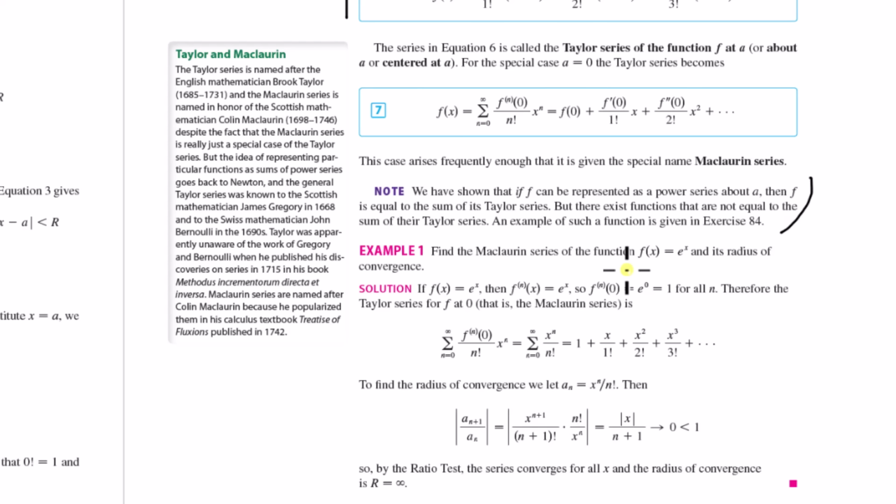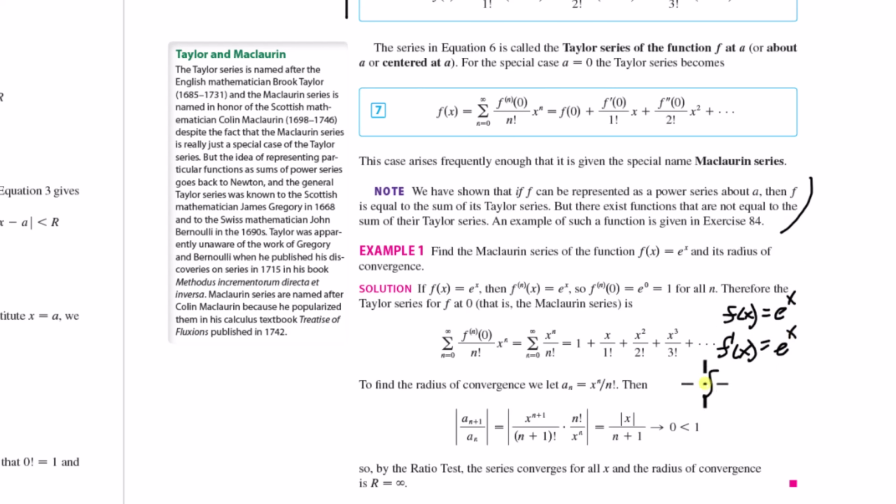Now, whenever you're finding these Taylor or Maclaurin series representations, the general process, and they don't really do it here because it's so simple, is that you're going to write out f of x is equal to e to the x. You can write the function. Then you're going to just take derivatives of the function as a function of x.